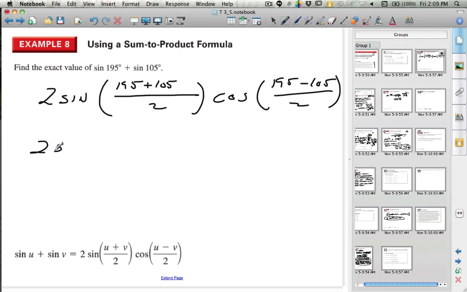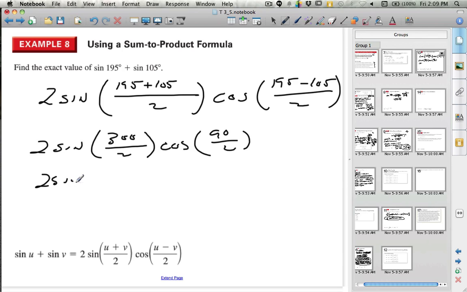So this becomes 2 times the sine of 195 and 105 is 300 divided by 2 times the cosine of 195 minus 105 is 90 over 2. So this is 2 times the sine of 150 times the cosine of 45.